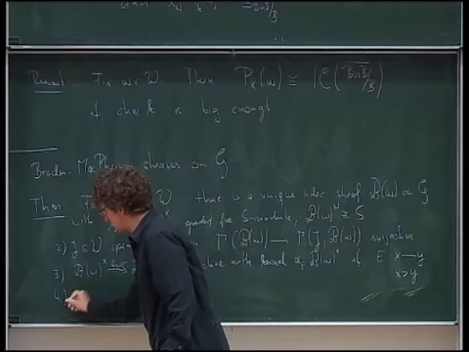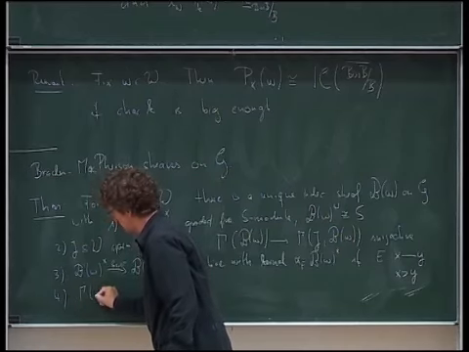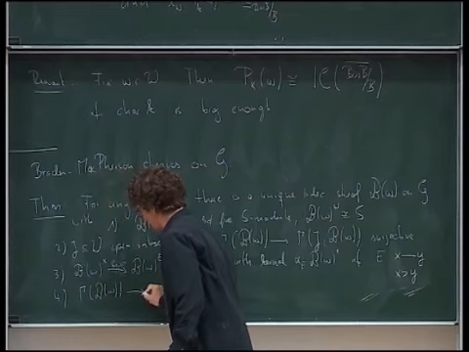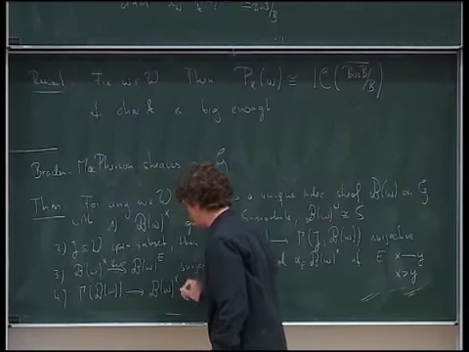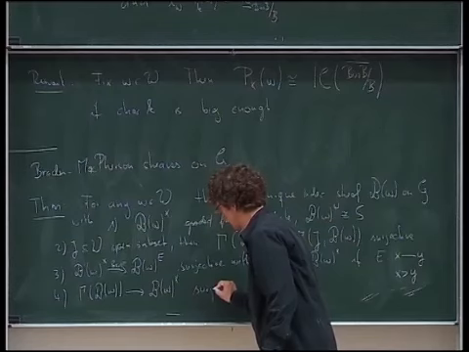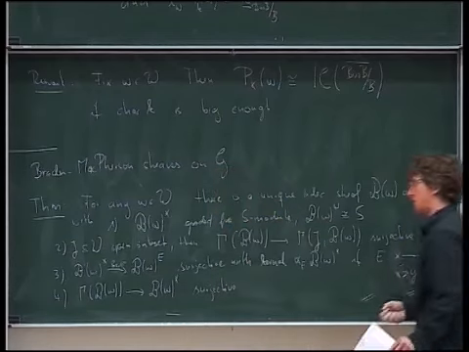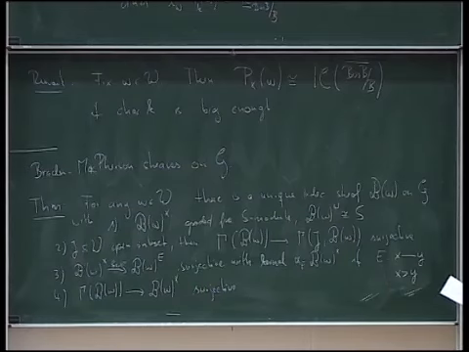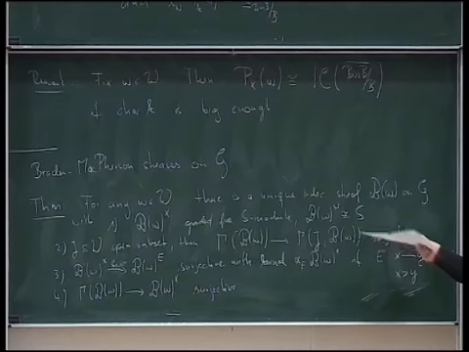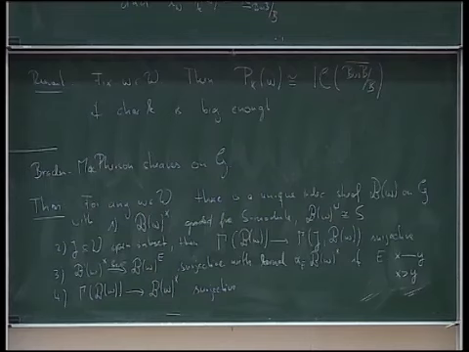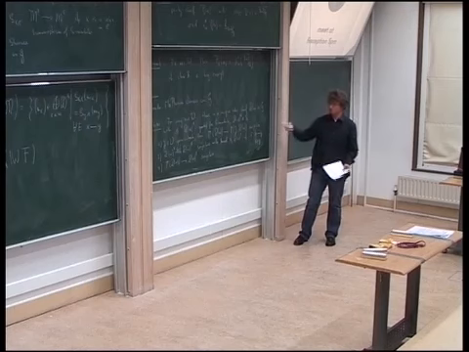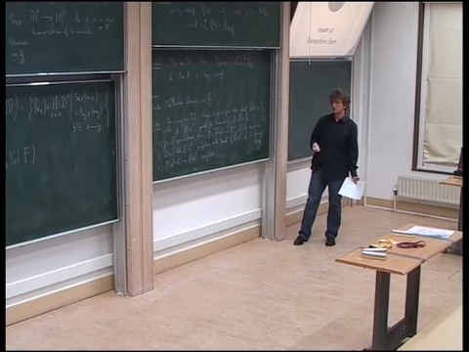And there's a fourth property: the global sections should map surjectively onto the corresponding stalk. Okay. So this is a characterization of the sheaves. It's not difficult to show that such a sheaf exists and that it's unique. More or less, these four properties give you an algorithm that tells you how to construct these sheaves on a graph. So it's just a very nice class of sheaves on the graph.